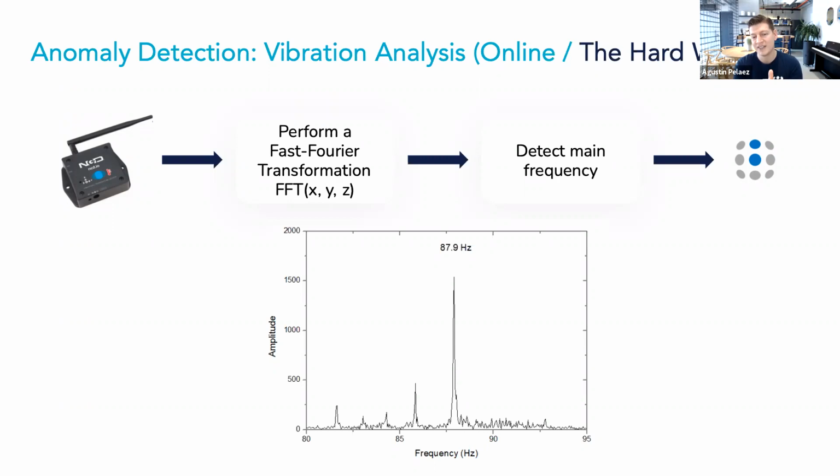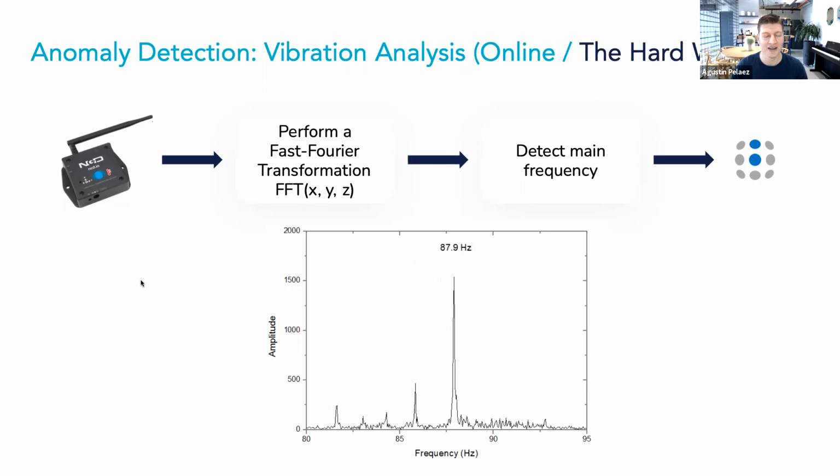Then after having the spectral response, like you see here, you could pinpoint that the machine is vibrating at this frequency and then report it to Ubidots. Like in this case, it will be this amplitude. The cool thing about this approach is that you can detect more harmonics. So maybe you can report this frequency, you can report this other one and these other peaks at different Ubidots variables. The downside is it's very data intensive.